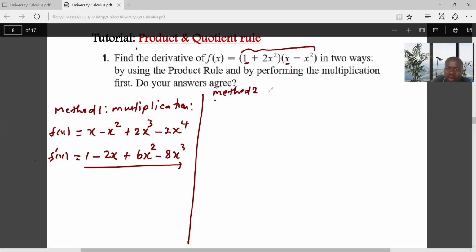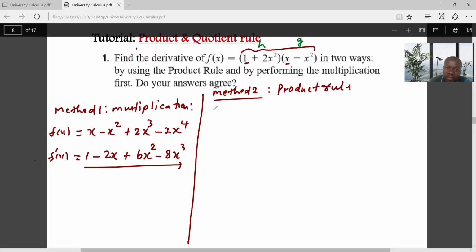Method 2, obviously, you're using the product rule. And we know in terms of the product rule, when we say this is the F, okay, I apologize, this is the H, and this is the G. There's no need to do this, but I just wanted to show you something.